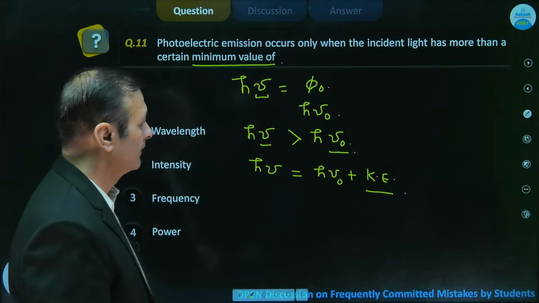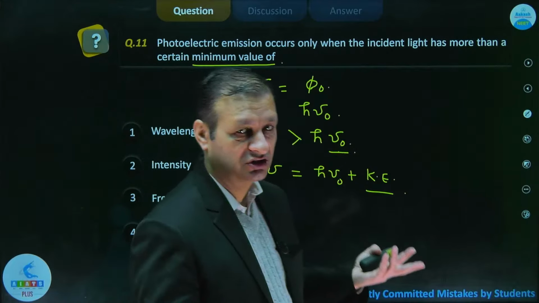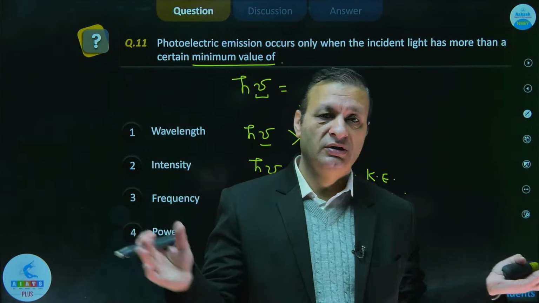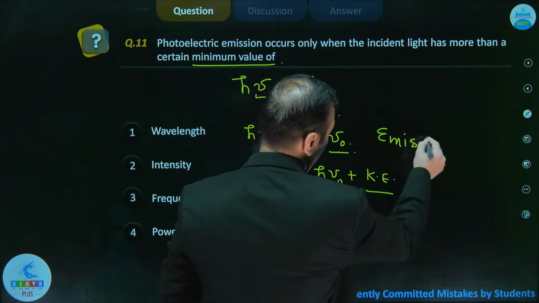So if this incident energy is smaller than this one, then just excitation, no emission. But if it is greater than this, then emission would happen.